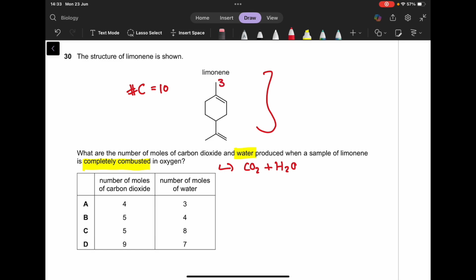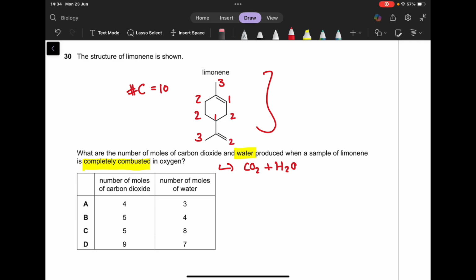So there are 3 here, there's 1 here, there is 2 here, there is 2 here, 2 here. There is 1 here, there is 3 here, there is none here, and there is 2 here.